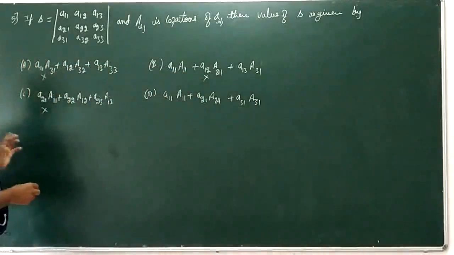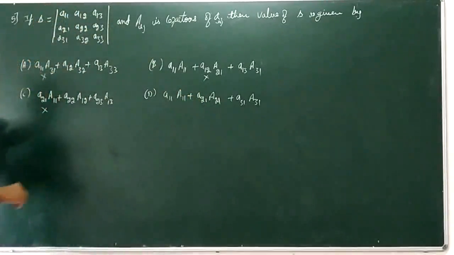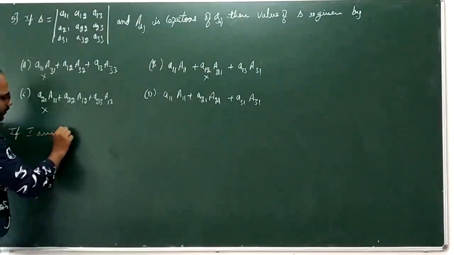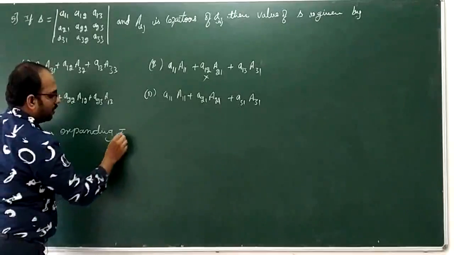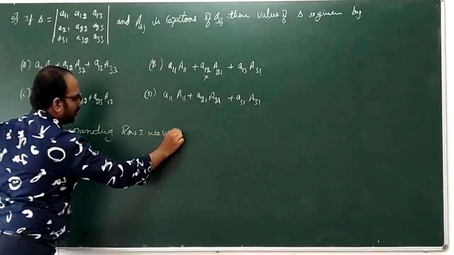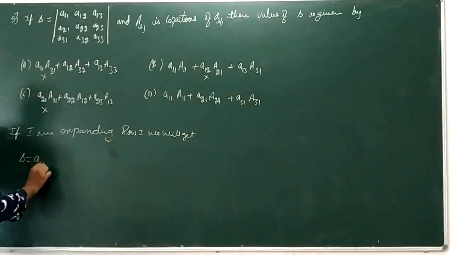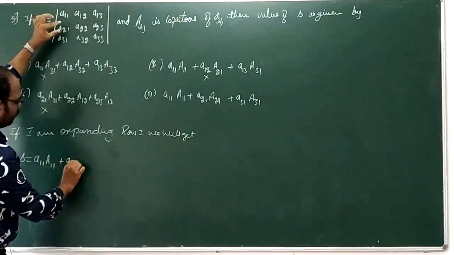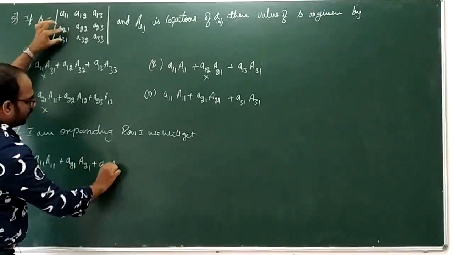If I am expanding, observe, a11 a21 a31, a11 a21 a31, if I am expanding along the first column, then we will get delta is equal to a11 into cofactor of a11, next one plus a21 into cofactor of a21, plus last one a31 into cofactor of a31.